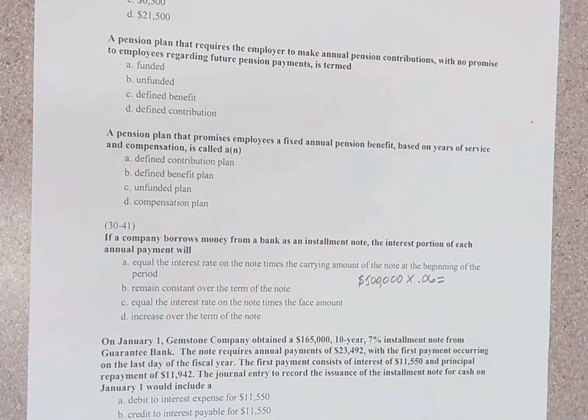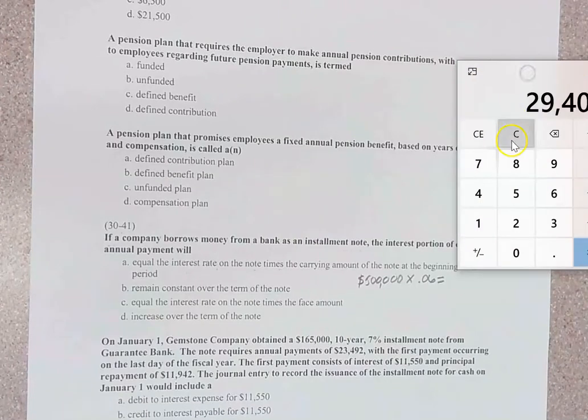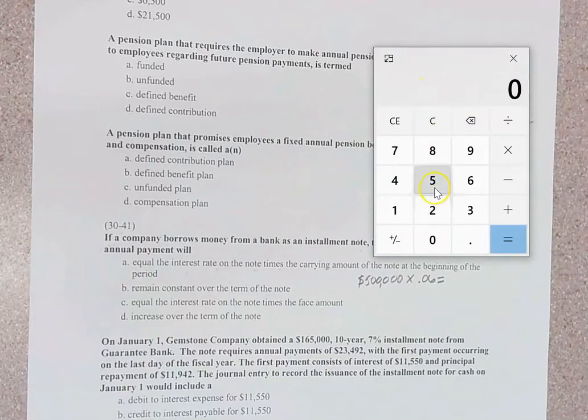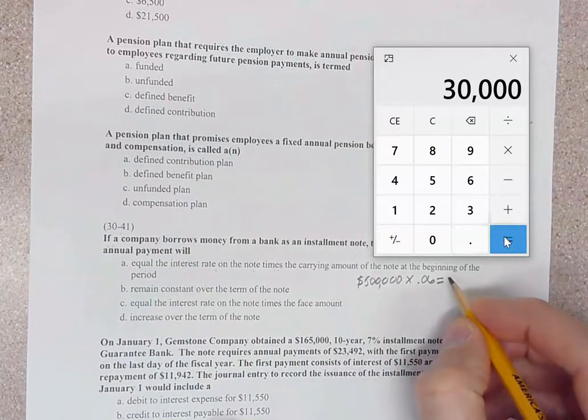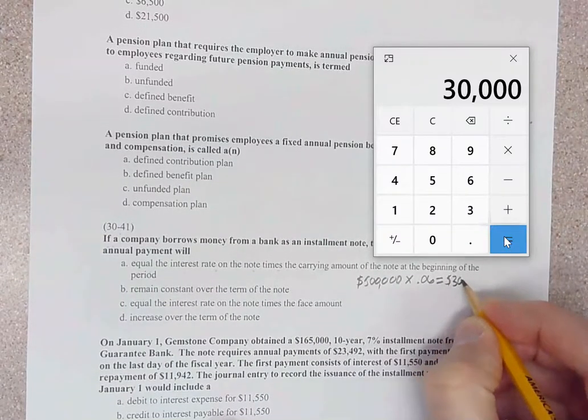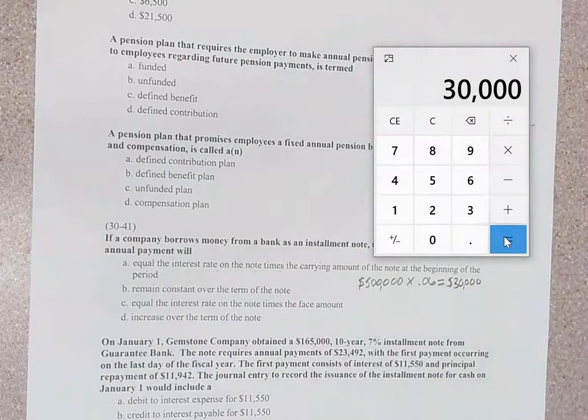Now we can get our little calculator over here. We take $500,000, we multiply that by 0.06 or 6%, and we come up with $30,000. So what is that $30,000? That's the amount of interest that we're going to pay.